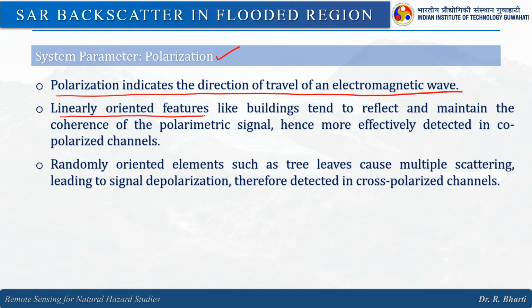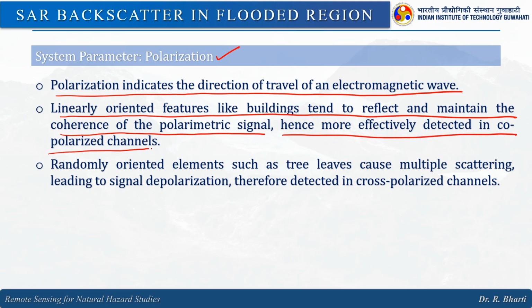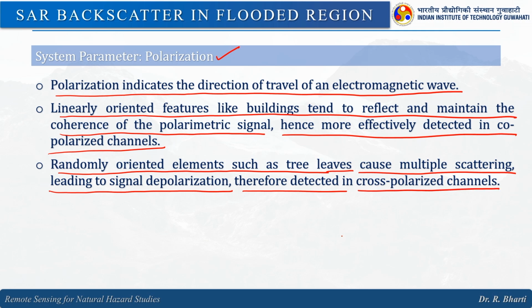Linearly oriented features like buildings tend to reflect and maintain the coherence of the polarimetric signal, hence more effectively detected in copolarized channels, right. Randomly oriented elements such as trees and leaves cause multiple scattering leading to signal depolarization, therefore detected in the cross polarized channel.